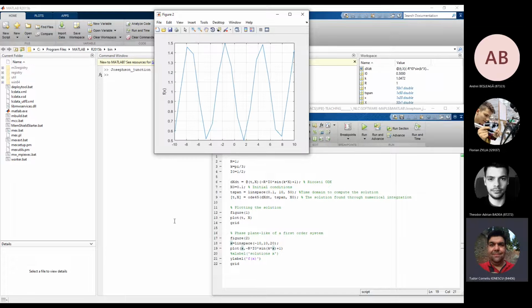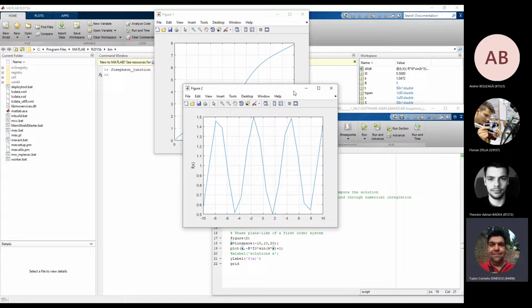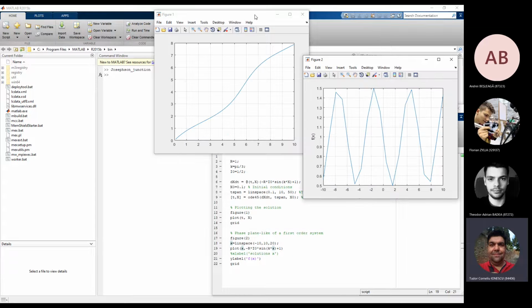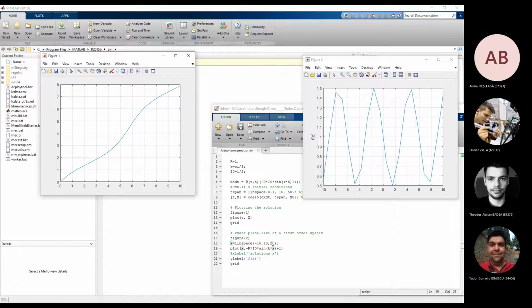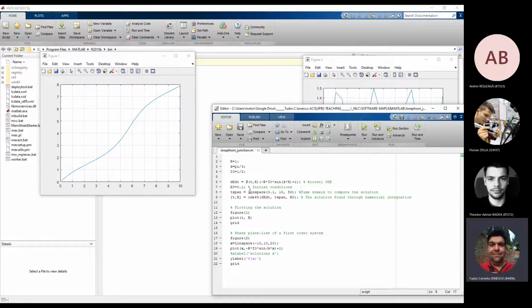Well, it does something. You see? So this is the plot of t versus x.